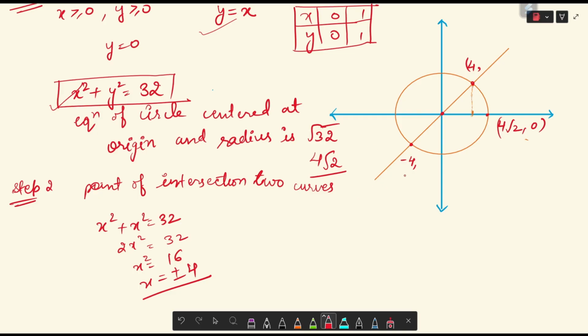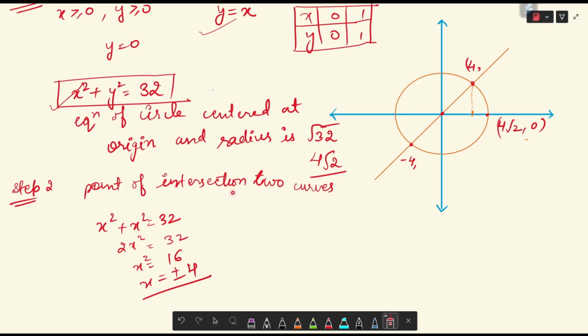Now the third step is we need to plot this. So we have to plot this circle, whose radius is 4√2 and center is 0. Then we need to plot the line y equals x, which will pass through 0, 0 and 1, 1. Okay, so we have plotted this. Then we have the points of intersection. So the point of intersection is 4.